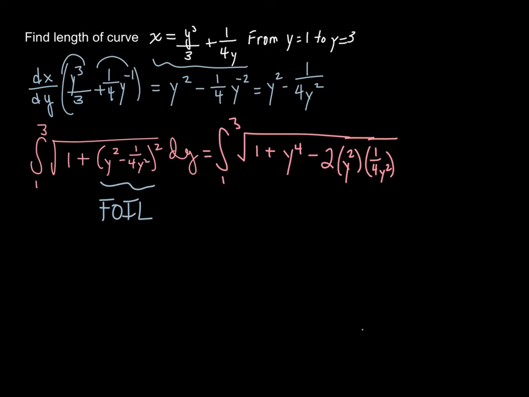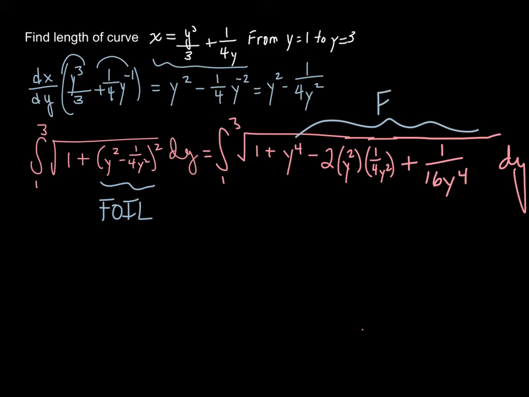Still got the last term to go. And then I square the last term, which negative and a negative will become a positive, 1/16y to the 4th. Once again, all this piece was just foiling that out.